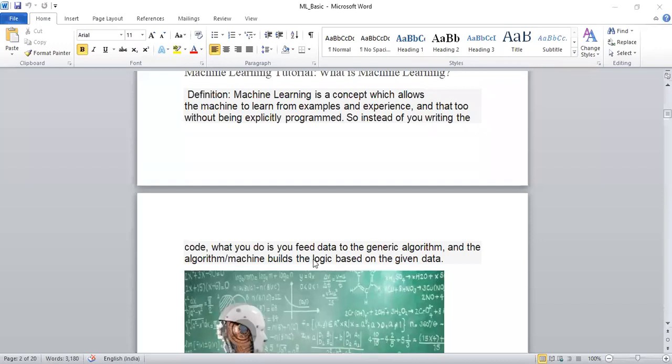Look, this is the word generic algorithm. What you do is you feed data to the generic algorithm. And you can use this same generic algorithm to predict the quality of different fruits, the quality of apple, orange, or whatever you want.